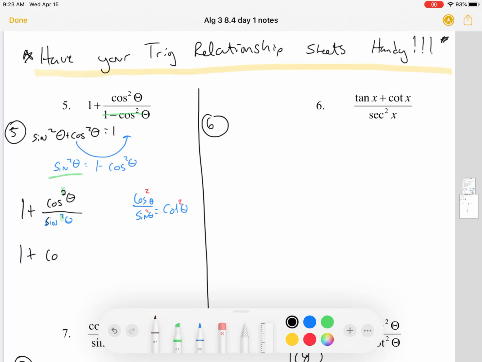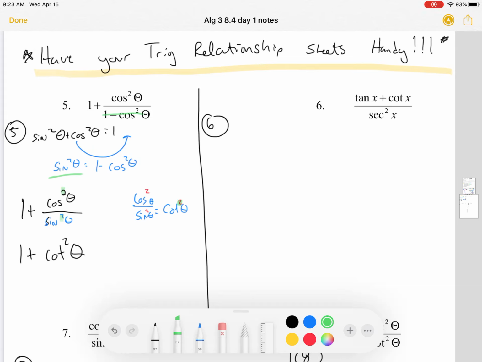So really, this whole fraction, cosine squared theta over sine squared theta, that's going to turn into 1 plus cotangent of theta. Okay, now this looks a lot simpler. 1 plus cotangent squared of theta. I forgot the squared, which was right here. So I now have 1 plus cotangent squared of theta. And again, we have a 1 plus something squared. That should be dinging in your head, hey, can I get a Pythagorean relationship out of this?